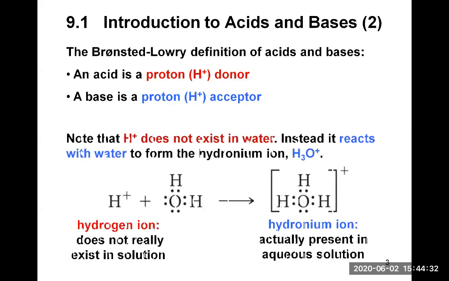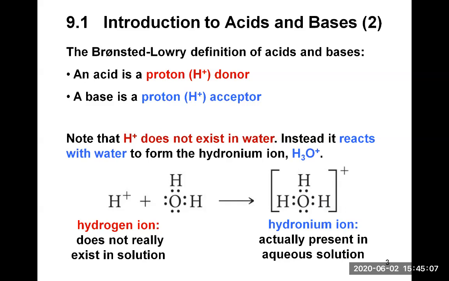Note here that H+ does not exist in water by itself. Instead, it reacts with water to form the hydronium ion, H3O+. H3O+ is a polyatomic ion that you may have seen in your list of polyatomic ions. When you have the H+ in water, it will combine with the molecule of water. And you know that the molecule of water has 2 lone pairs on the oxygen.